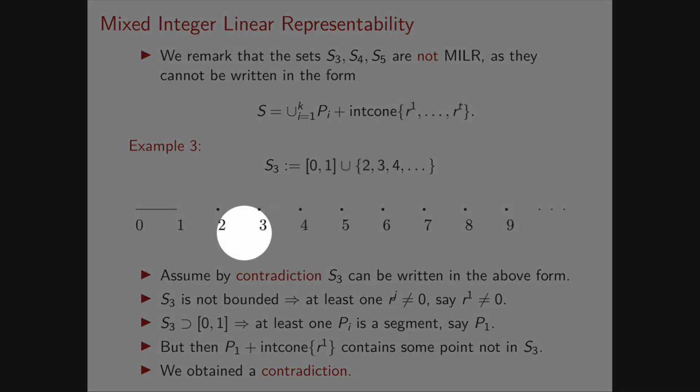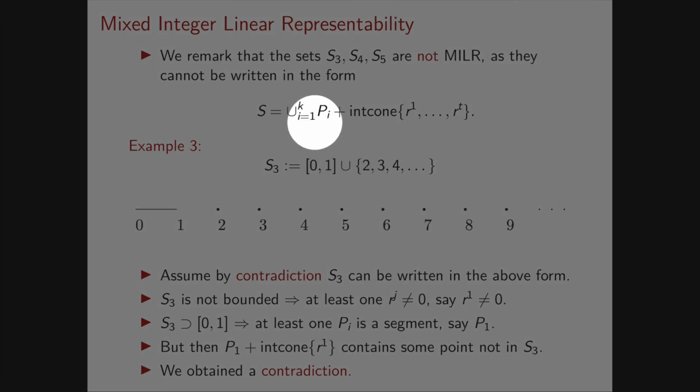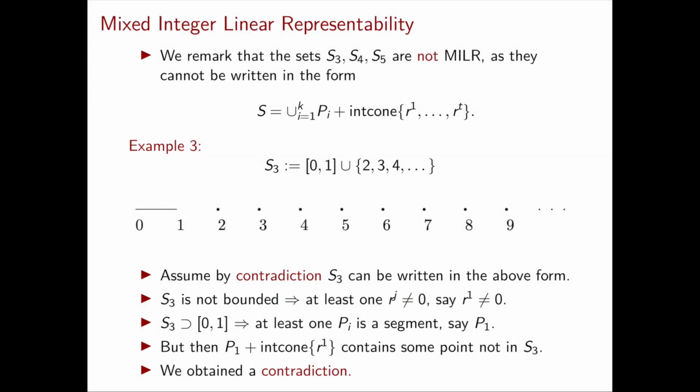So the first thing that we notice is that S3 is not bounded, of course, because we can have integer points which are as large as we want, which means, since the union of these finitely many polytopes is bounded, that we must have a vector in the integer cone that is different from 0. So let's say without loss of generality that the first r1 is different from 0.